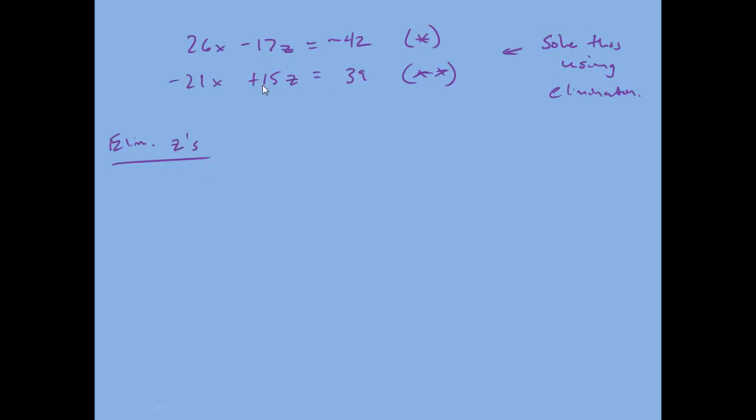So if I have 17z and 15z here, I can multiply 17 by 15 to get the number I need, and down here I can multiply 15 by 17 to get the number I need. But remember, you have to multiply to the whole equation for each of them. So I'm going to eliminate z's.